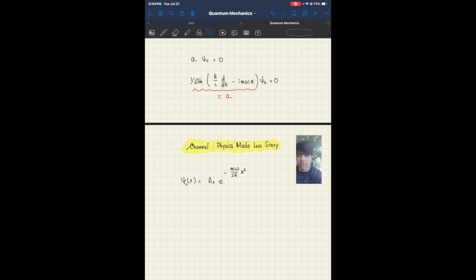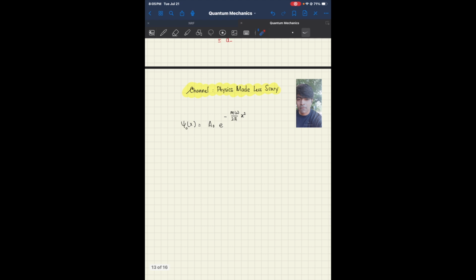Of course, the 1 by root 2m doesn't matter, because it's 0 on the right hand side. You can get rid of it. So essentially, you are solving this equation, and the solution is this. This is called the ground state wave function.